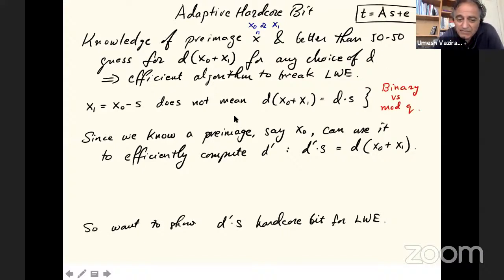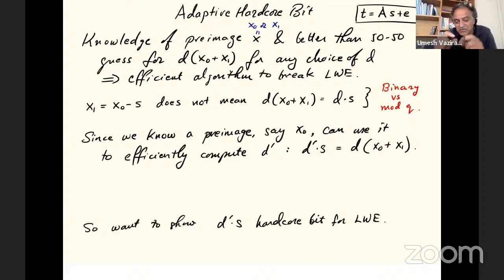But what's true, nevertheless, is that since we know one of the pre-images, say we know x0, then we can use it to efficiently compute a d prime such that d prime dot s equals d times d dot x0 plus x1. And this is something very simple that you can do by just playing with the fact that you know x0 and you know x1 equal to x0 minus s.